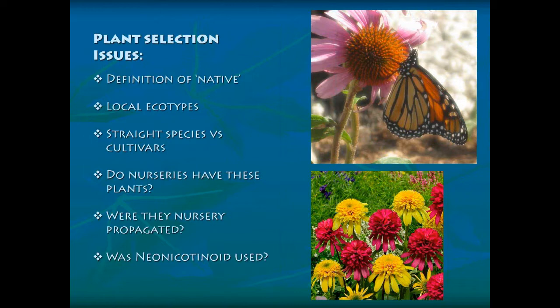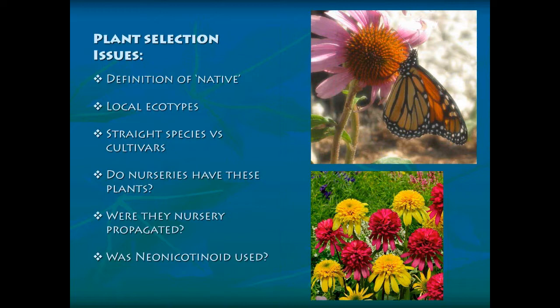And then you also need to check and make sure that harmful pesticides weren't used. I'm sure a lot of you know about the controversy around neonicotinoids, or neonics, which are a very popular pesticide. They have just recently been supported by the EPA to continue in our marketplace, unfortunately.